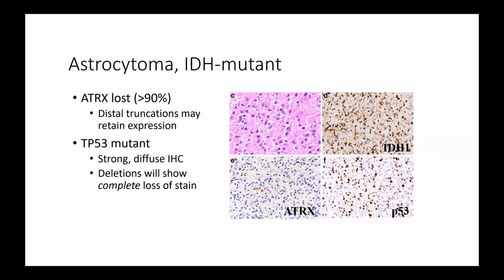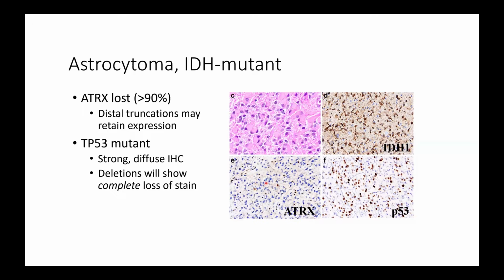ATRX is a constitutively active gene, and when mutated, produces an alternative lengthening of telomeres phenotype and will be lost within the tumor cells. So one just sees retained staining in background normal architecture, such as vessels and background glia.